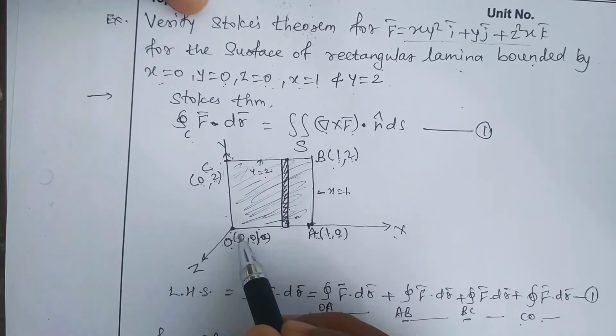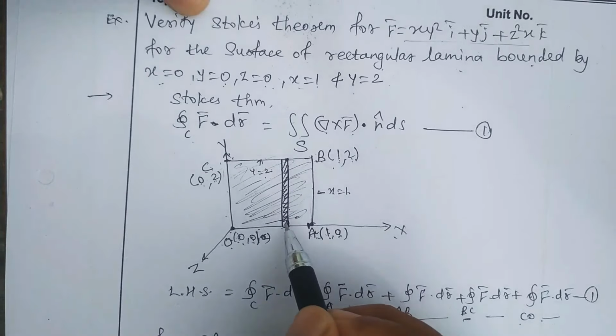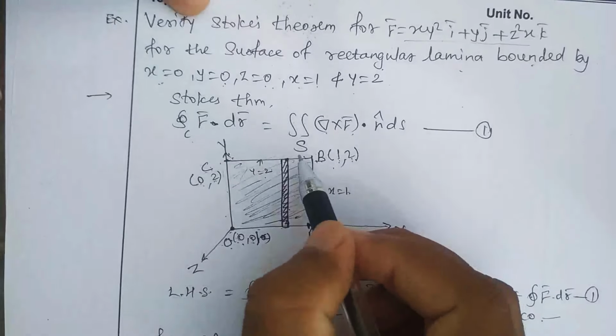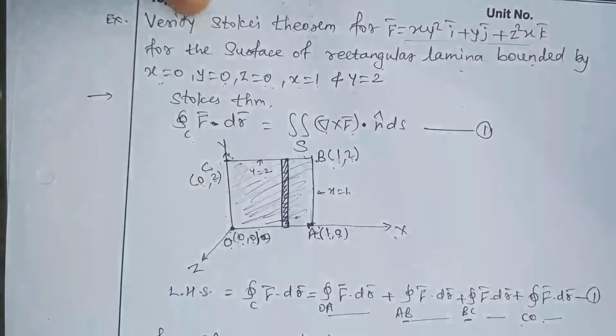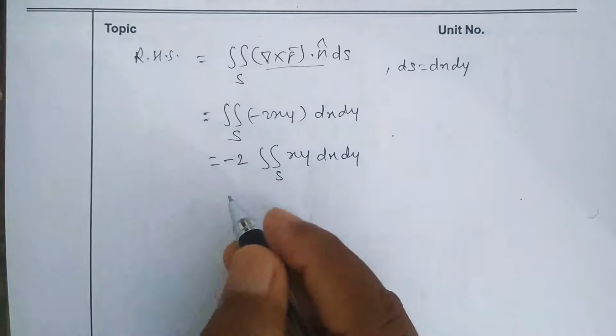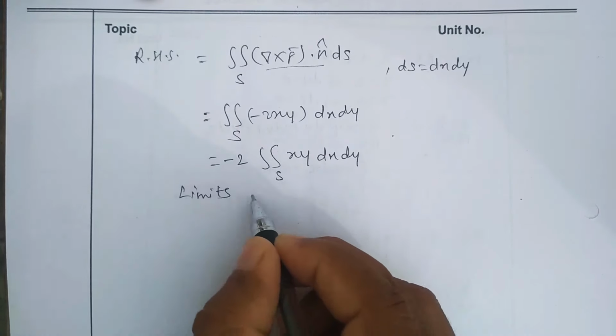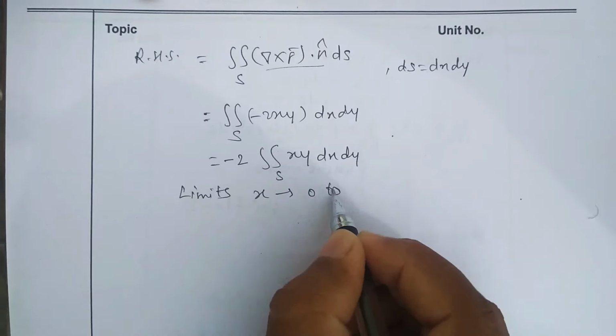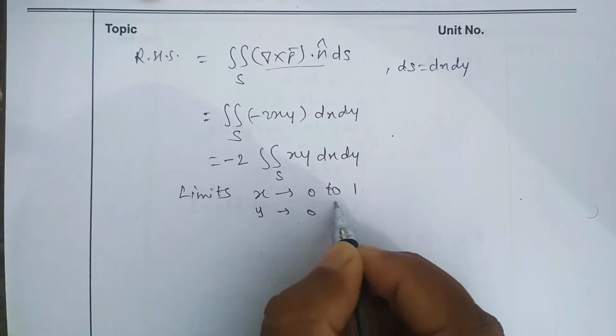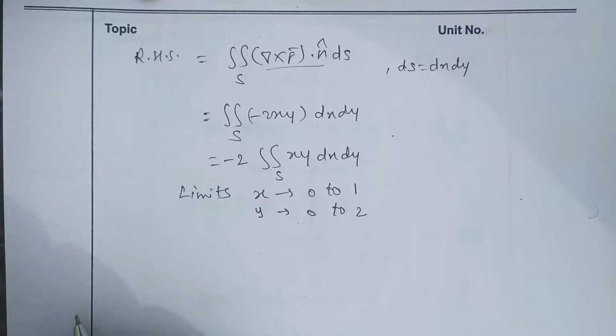That means the limits of x are 0 to 1 and the limits of y are 0 to 2, because here the line is y equals 2. So x varies from 0 to 1 and y varies from 0 to 2 for the given rectangle.